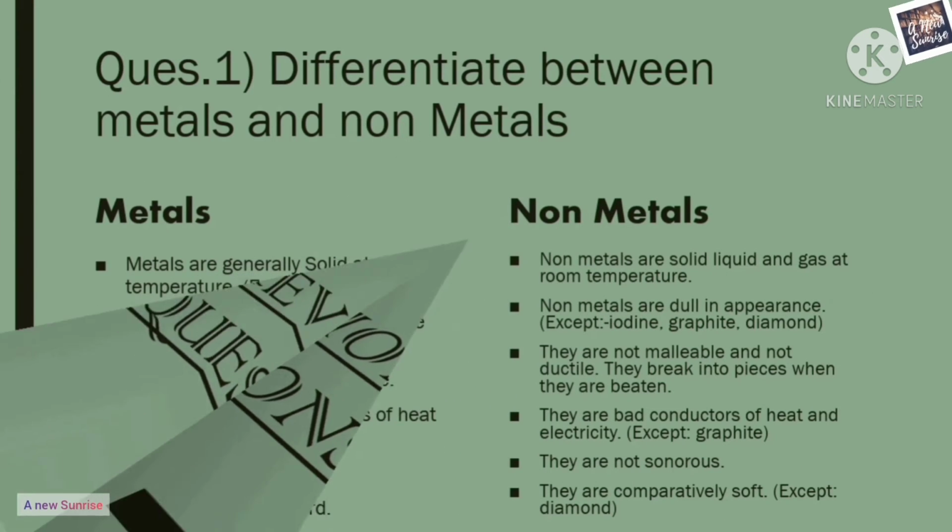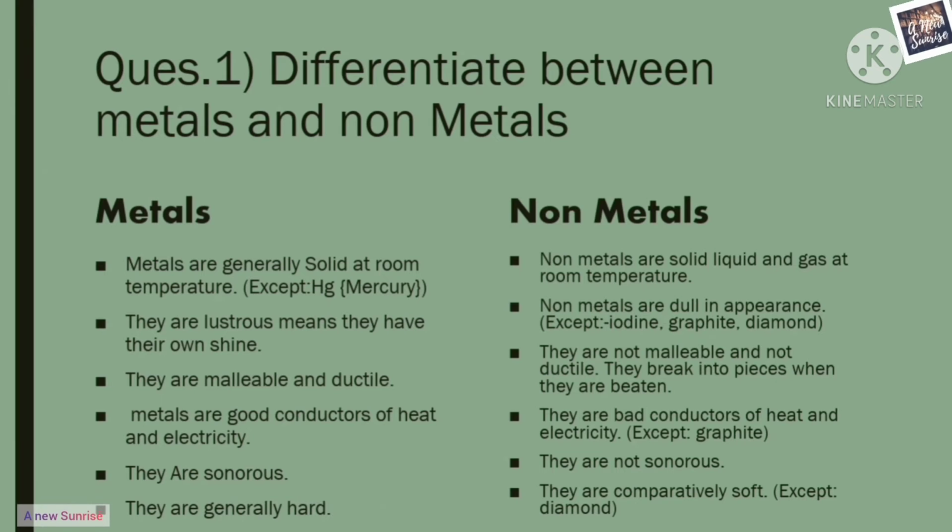Let's start. First question is, differentiate between metals and non-metals. So let's answer this question. Metals are generally solid at room temperature except Hg. Hg means mercury. Mercury is a liquid.